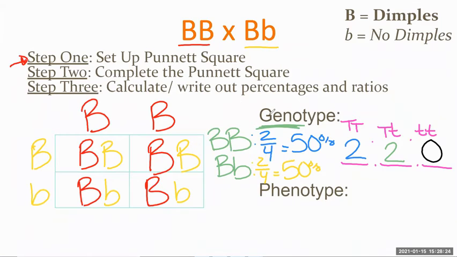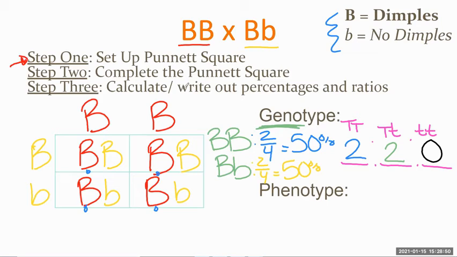Lastly are the phenotype percentages and ratios. Remember up here, these are your different options: you either have dimples or you don't have dimples. That's our only option. When looking at our Punnett square, I notice that every single individual has at least 1 dominant allele.